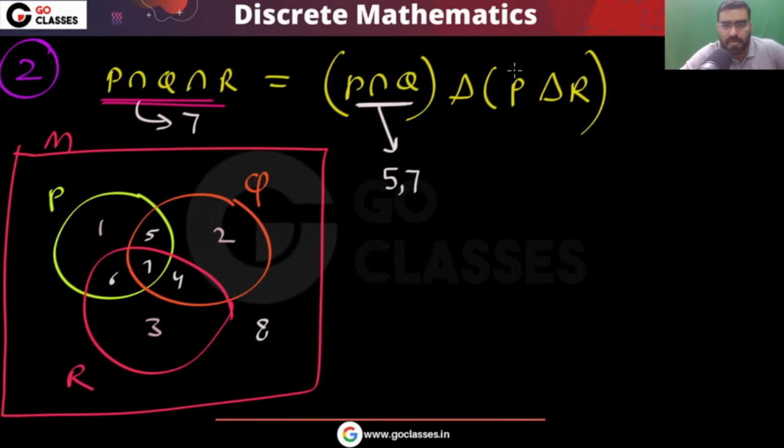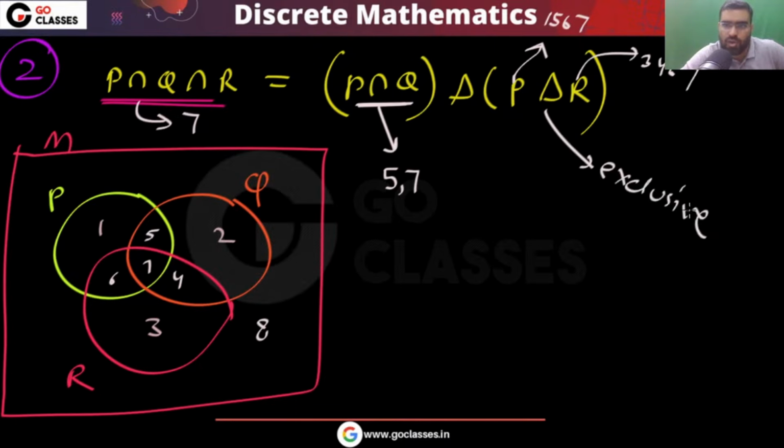Remember, this P has what area? This P has 1, 5, 6, 7. This R has 3, 4, 6, 7. So what is the exclusive between these two? This and this. The exclusive is 1, 5, 3, 4.